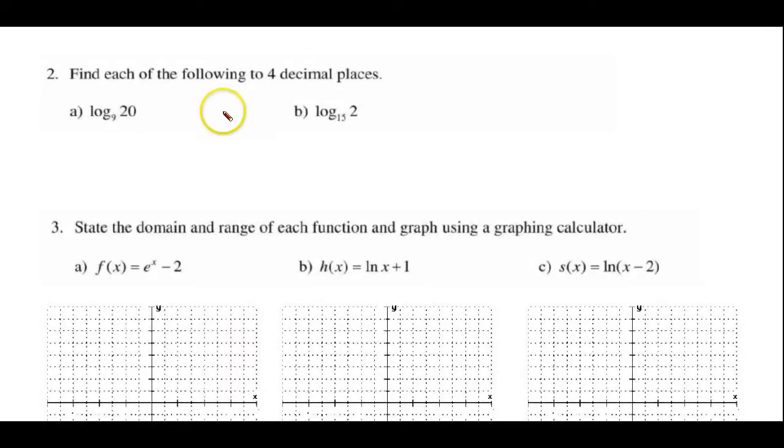We're back into our mini lecture, and we're doing example 2A now. It says find each of the following to 4 decimal places.